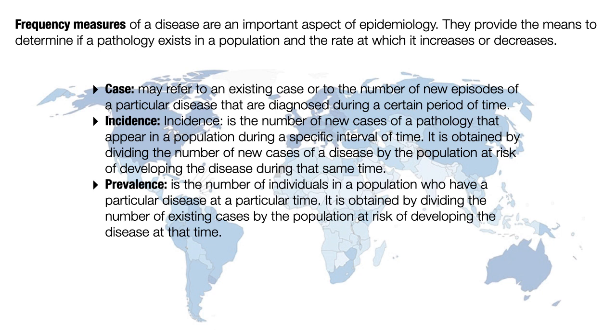For instance, new cases of COVID in 24 hours in Spain. And then we have the prevalence, which refers to the total number of cases of a disease at a particular time or moment. For instance, last week when I'm recording this lecture, there is 1 million COVID infected individuals in Spain at this moment.